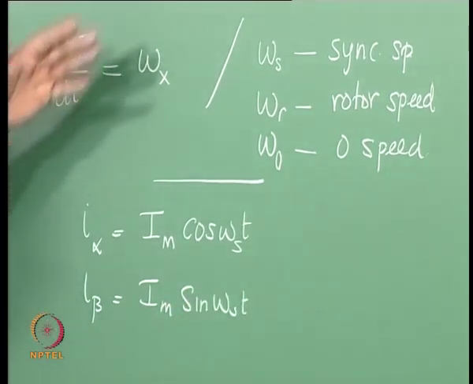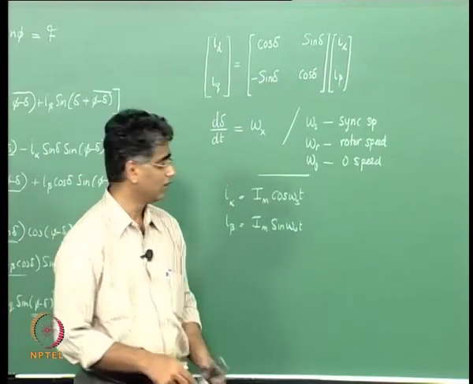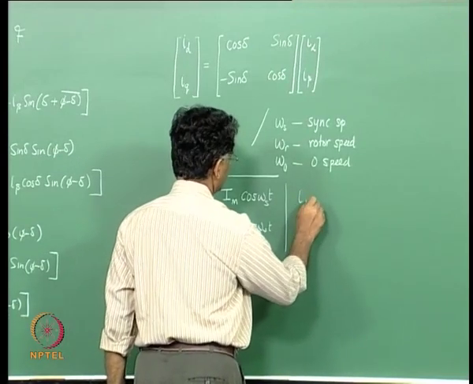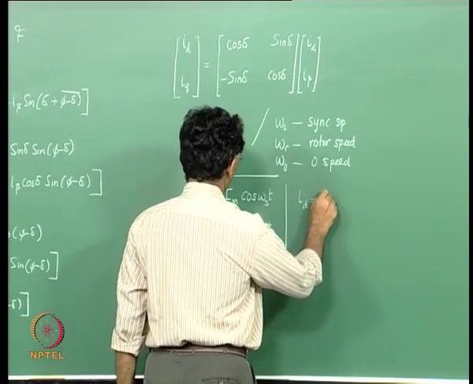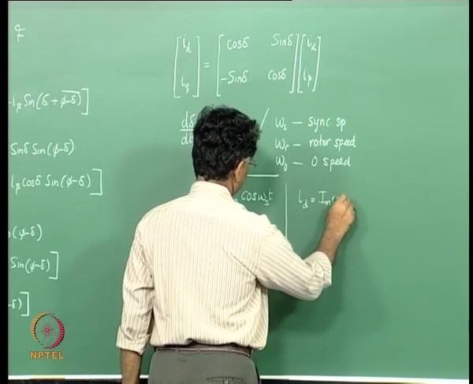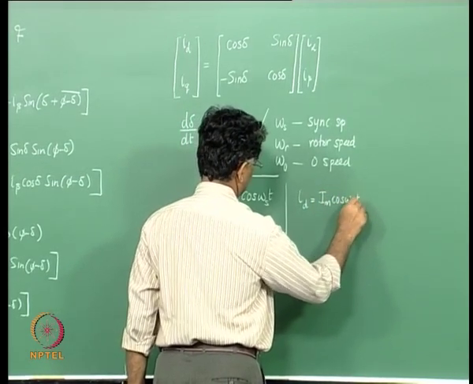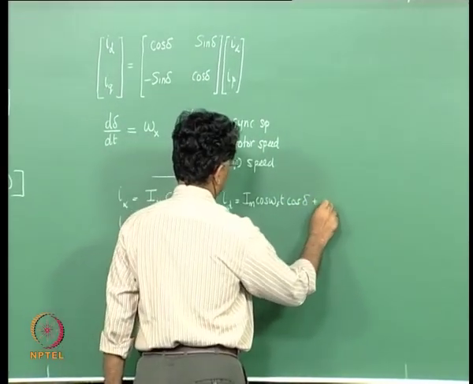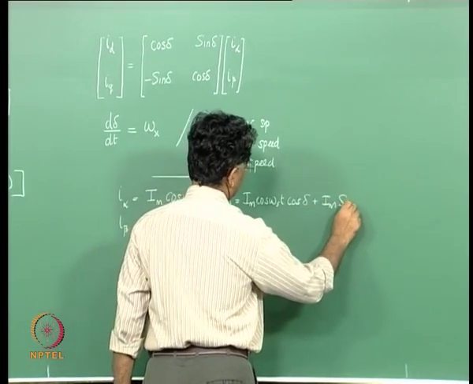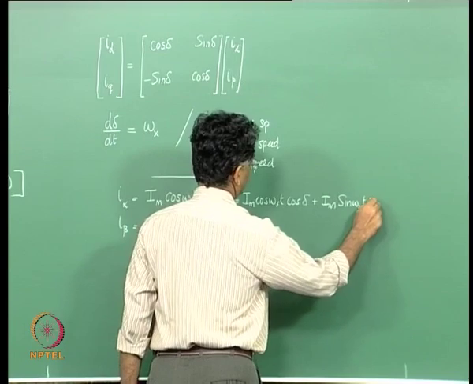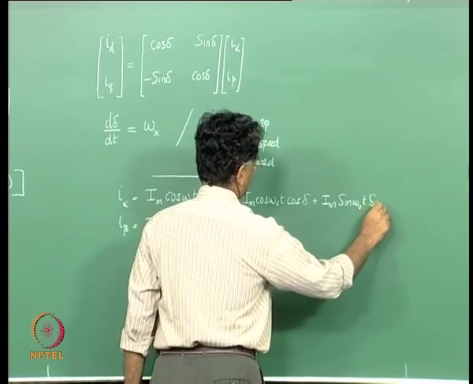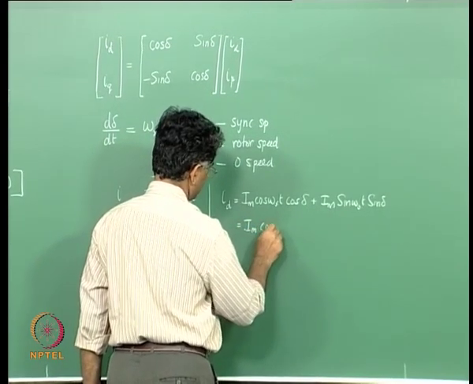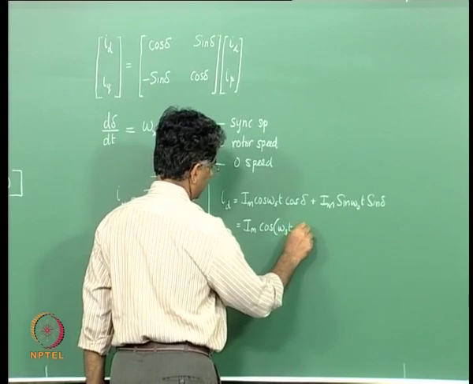So if you substitute these two into this expression, what do we get? You get Id equals Im cos omega st cos delta plus Im sin omega st into sin delta, which is nothing but Im into cos of omega st minus delta.